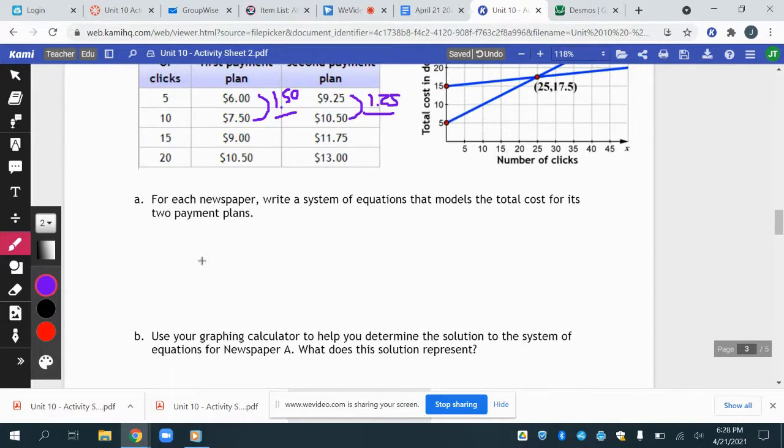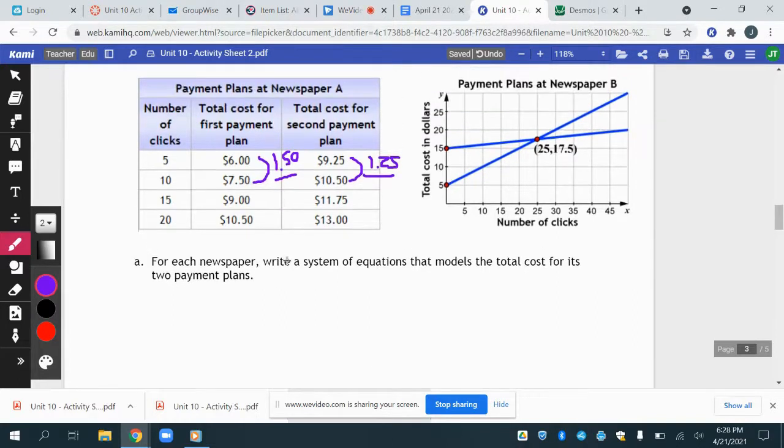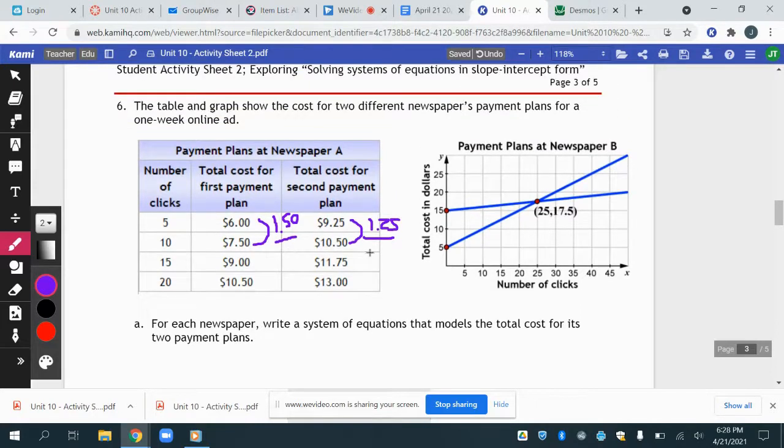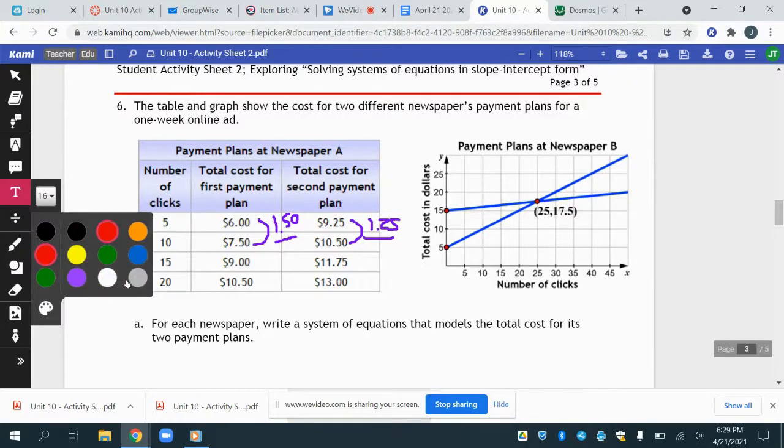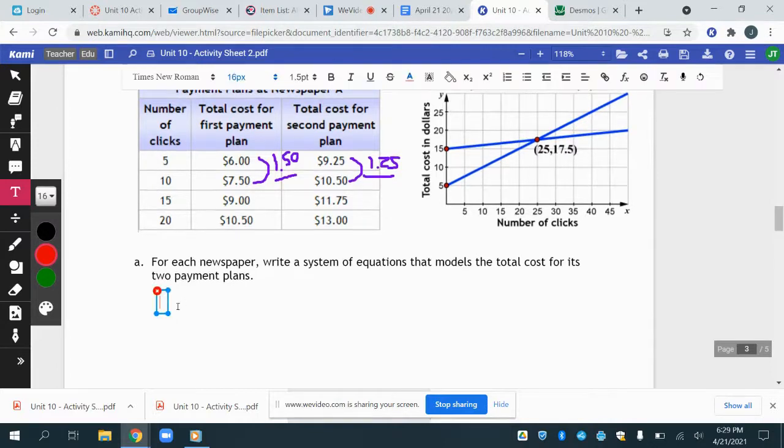All right. Write a system of equations that models the total cost of its 2 payment plans. Okay, so here we go. For each newspaper. Oh, this is payment plan 2, I see. All right, so the first one over here, we're going to say, well, payment plan 1 charges $6 plus, is that per click?